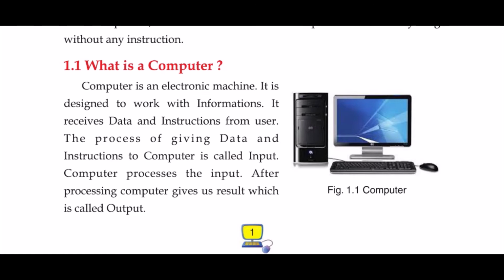The process of giving data and instructions to computer is called input. So when you input something into the computer, that process is called the input process. Computer processes the input. After processing, computer gives us results which is called output.